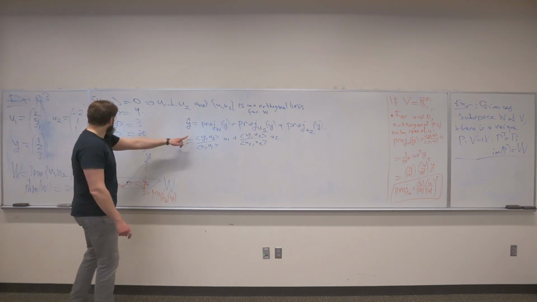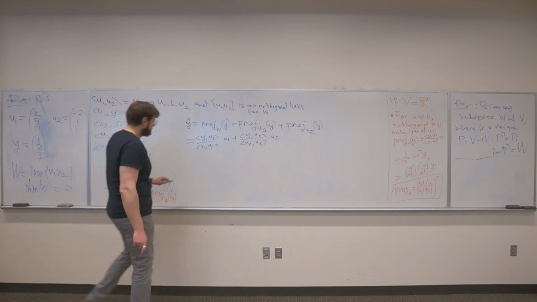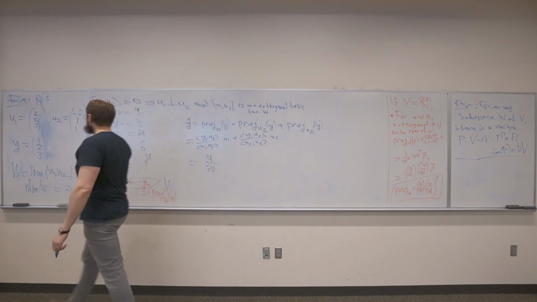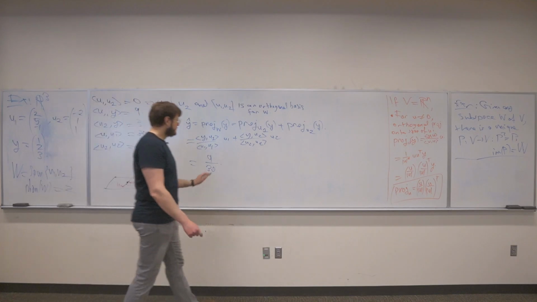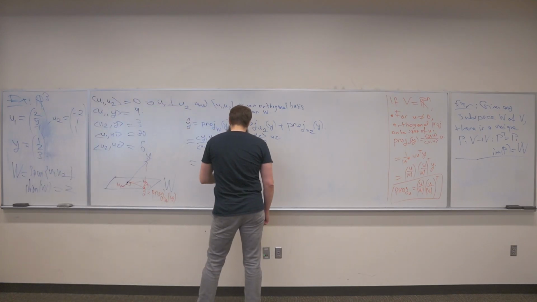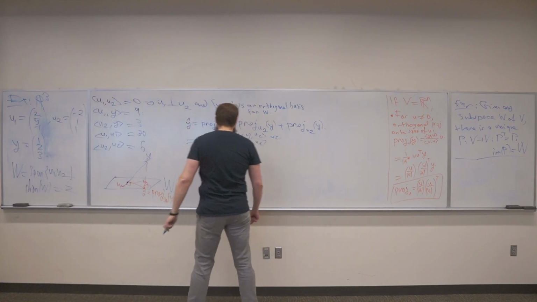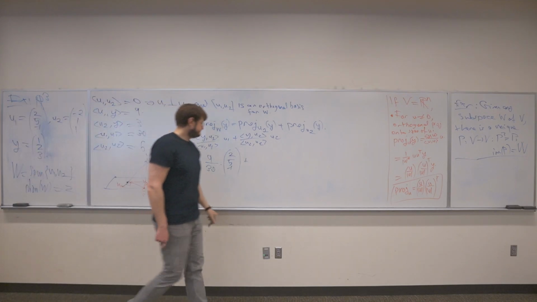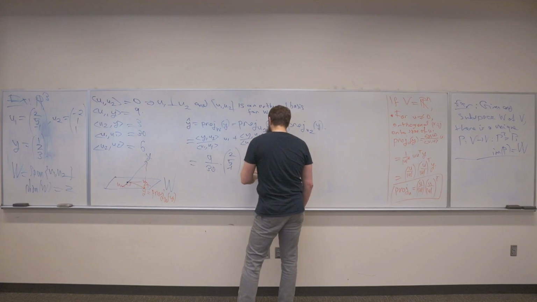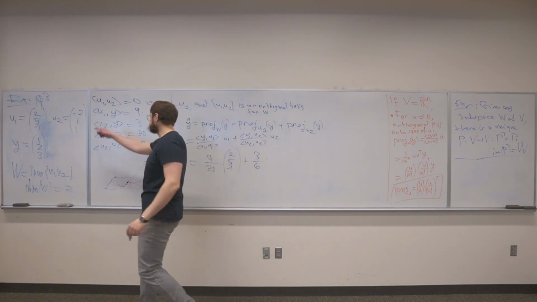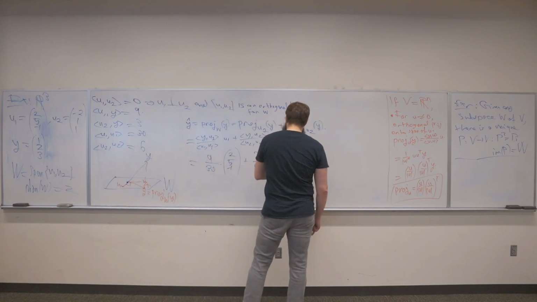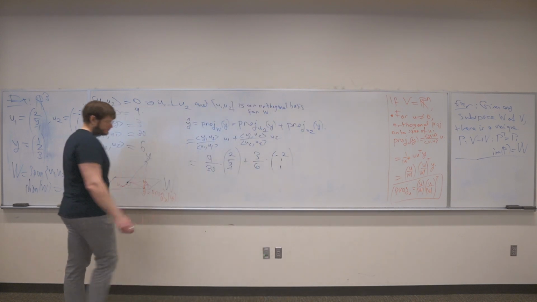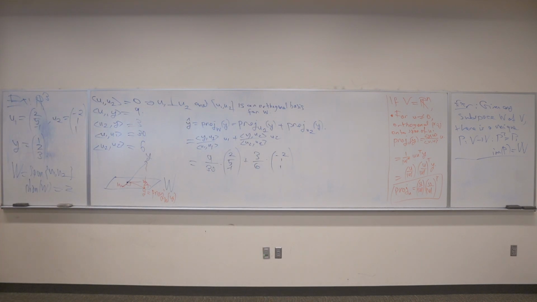So this is 9 over 30 times u1, which is (2, 5, -1), plus 3 over 6 times u2, which is (-2, 1, 1). I guess there are some cancellations.